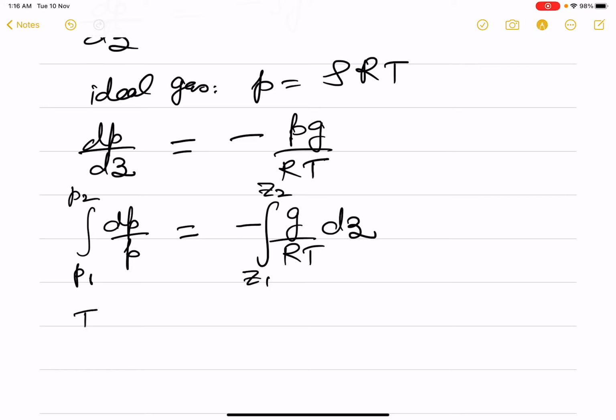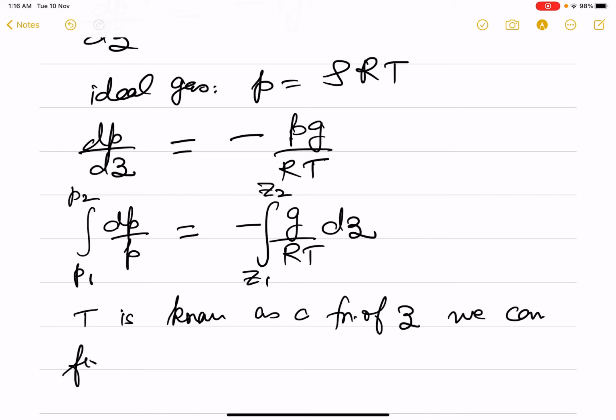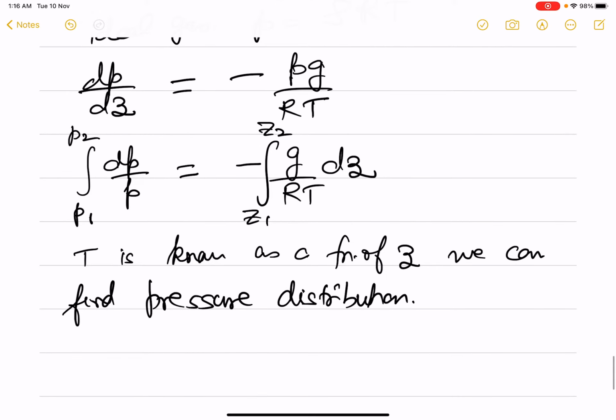So now if T is known as a function of z, we can find the pressure distribution in the gas. So here obviously, because it is a gas, density is not constant, so P is equal to minus rho g z does not work.